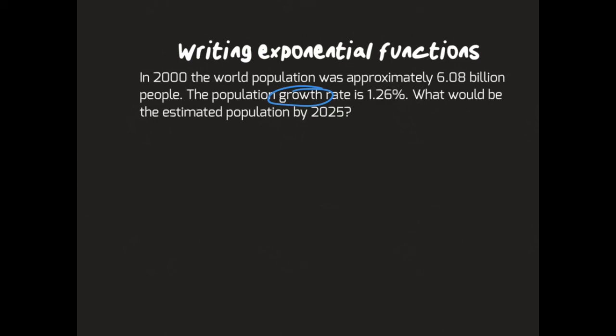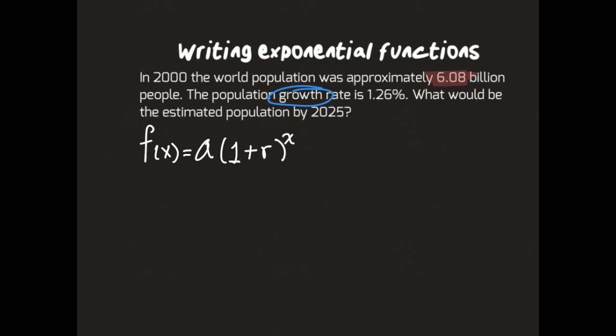Now we're going to start by identifying our initial value, which is the world population in the year 2000. So that's where I'm starting, 6.08 billion. If this is going to be a growth, my equation is going to look like f of x equals a times 1, since it's growth, plus r to the x.